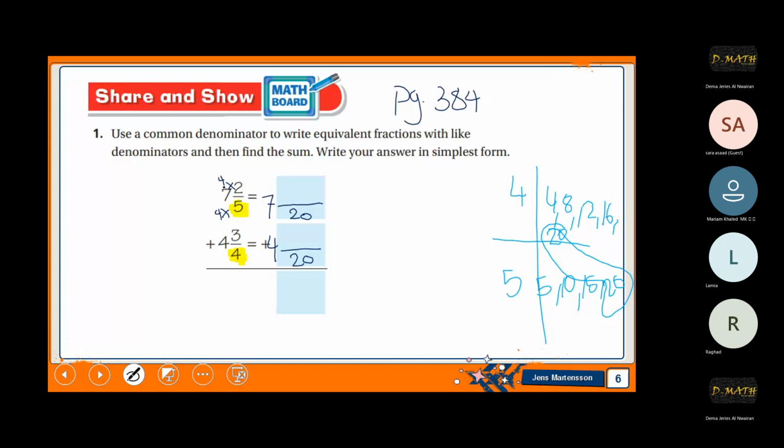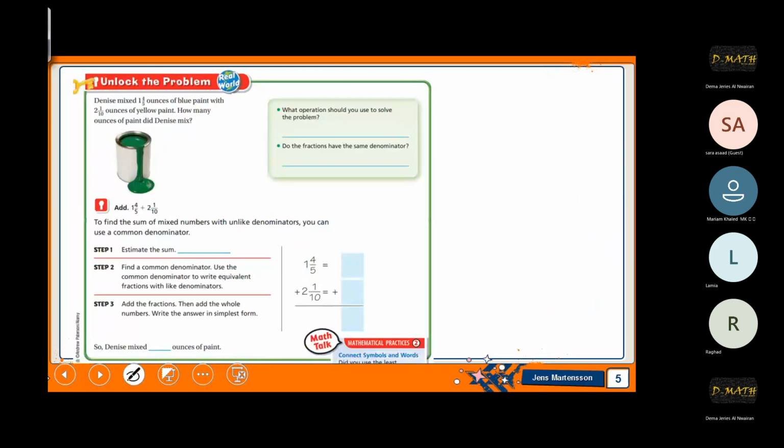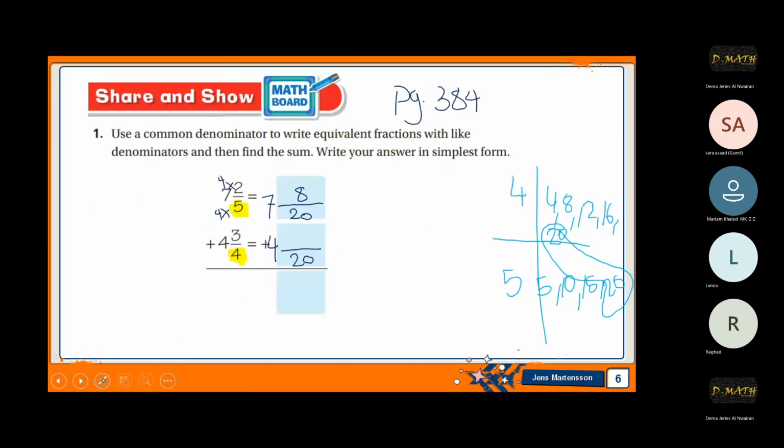2 times 4, 8. The second one: what is the number that you multiply by 4 to get 20? 5. 3 times 5, 15. Now then, do we have fractions with the same denominator? Yes. I will put one of them.